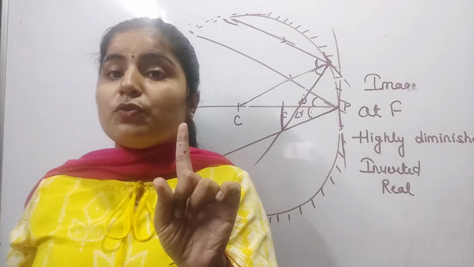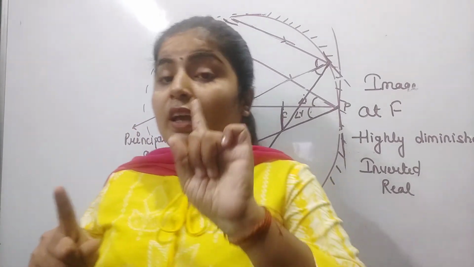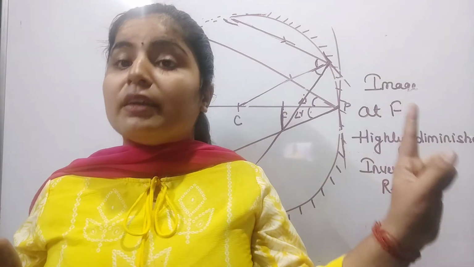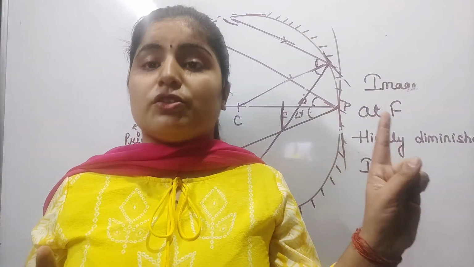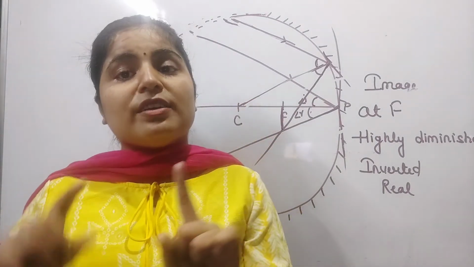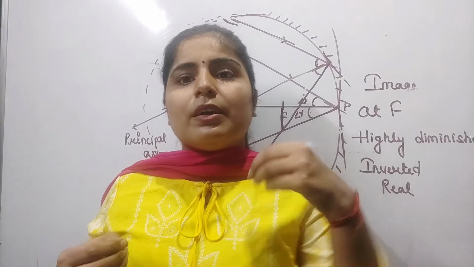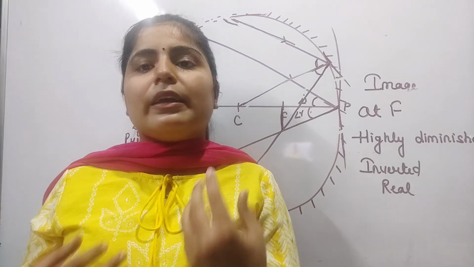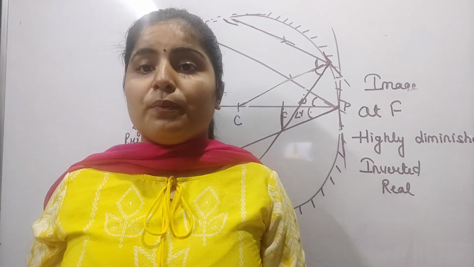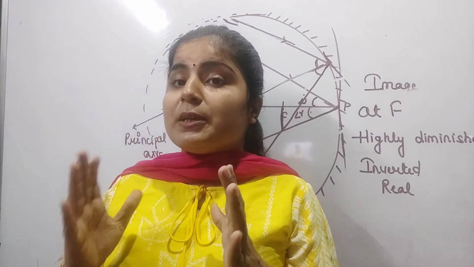In that case, the image which is formed is behind the mirror, that is virtual and erect in nature. Always remember this one thing, because the question can be a little confusing, and you can be easily confused.